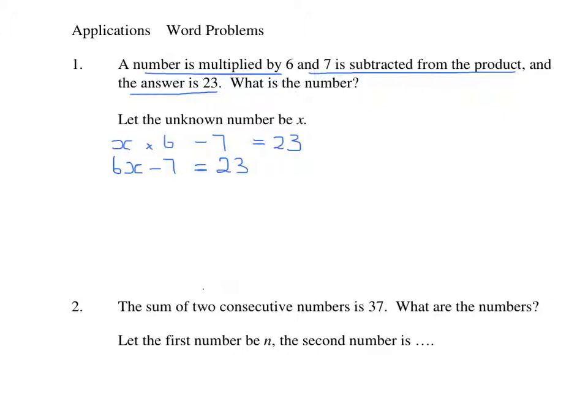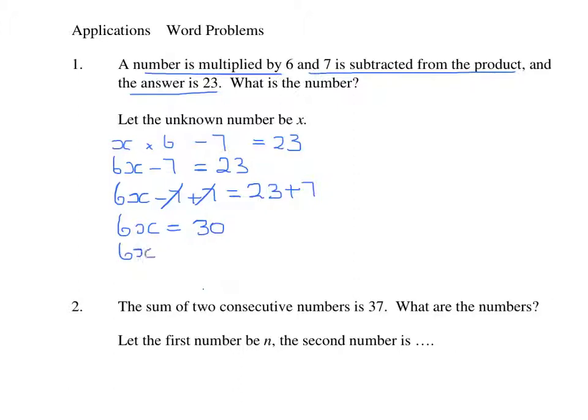So we're going to undo minus 7 by adding 7 to both sides of the equation. So we're left with 6x on the left-hand side, and on the right-hand side we've got 30.